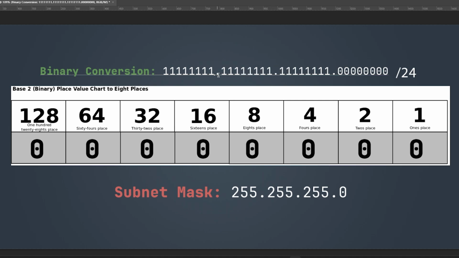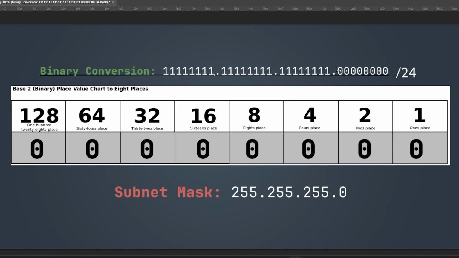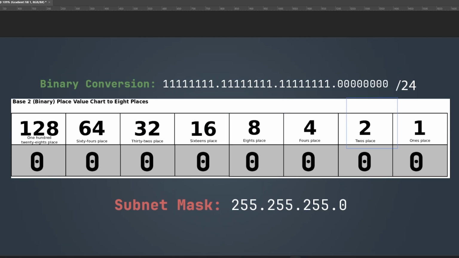An octet basically starts after the dot, so here we have 4 octets in total. The /24 basically means that there are 24 bits that represent the network portion, and then the rest, the zeros, represent the host portion, which is underlined in blue.